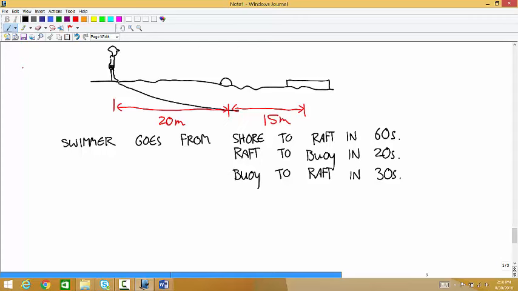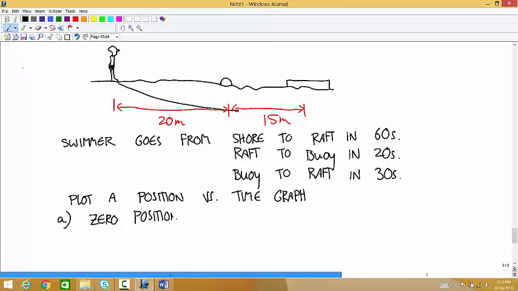And what we want to do is plot a position versus time graph. We want to do it two different ways. The first time we're going to do it with the 0 position on the shore, and the positive direction out toward the water.